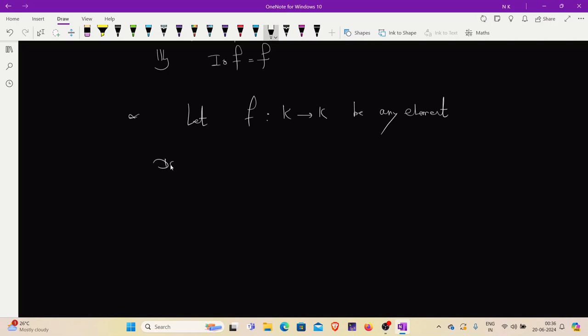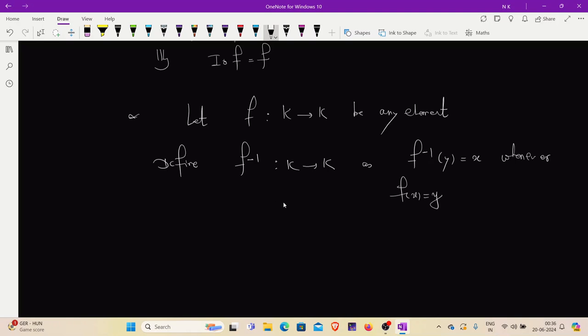So define f inverse from K to K as f inverse of y equal to x whenever f of x equals y. So this is my definition: the image of y will be x under the inverse if the image of x is y under f.